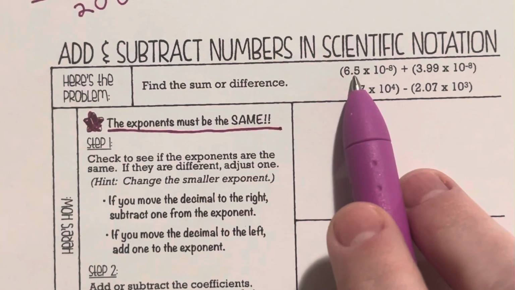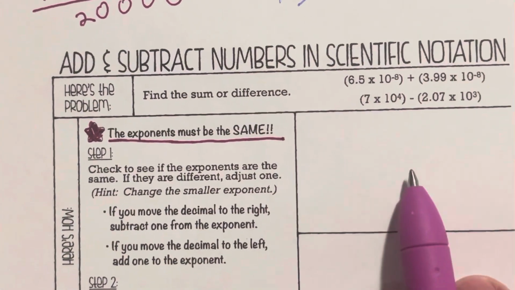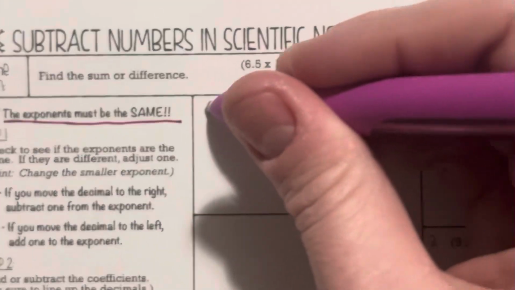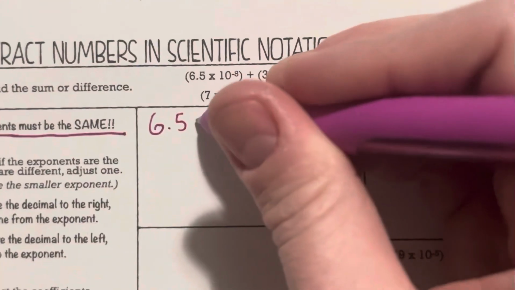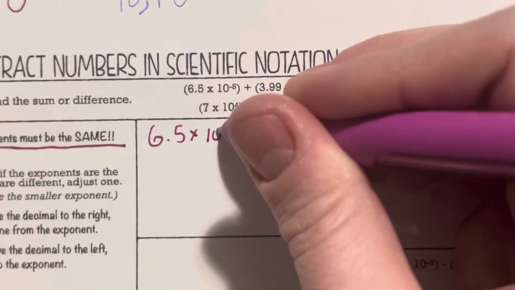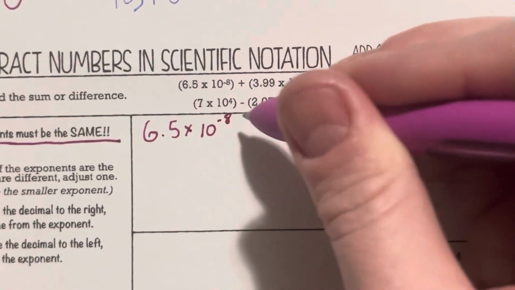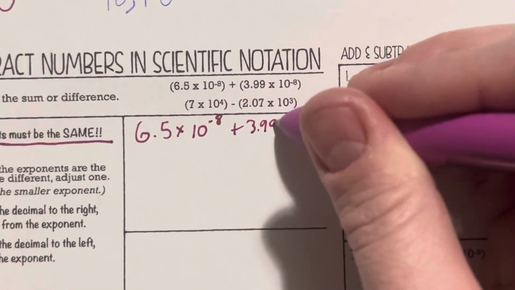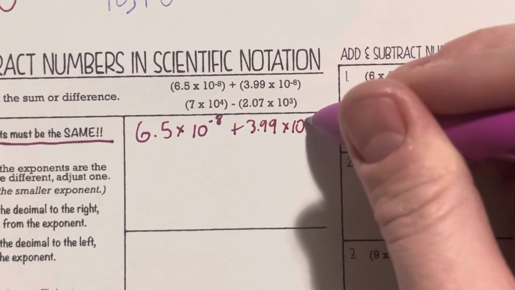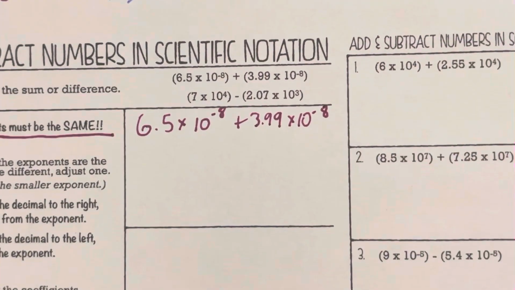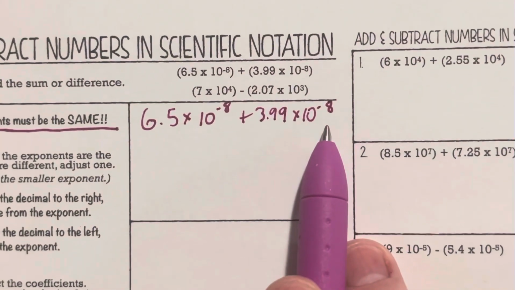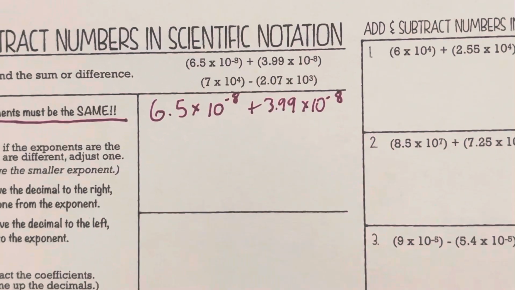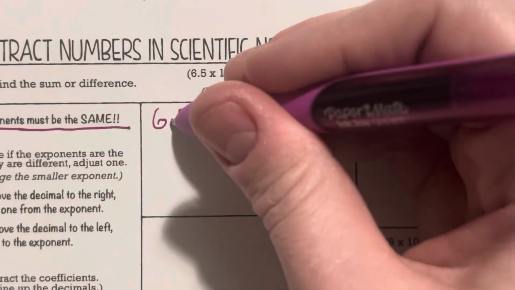Okay, so we're going to take our example from right here, and we're going to do it in this box together. In our first example, we have both of these that are raised to the negative 8th power. So if these are both the same, that means all of our place values are lined up with the decimal.